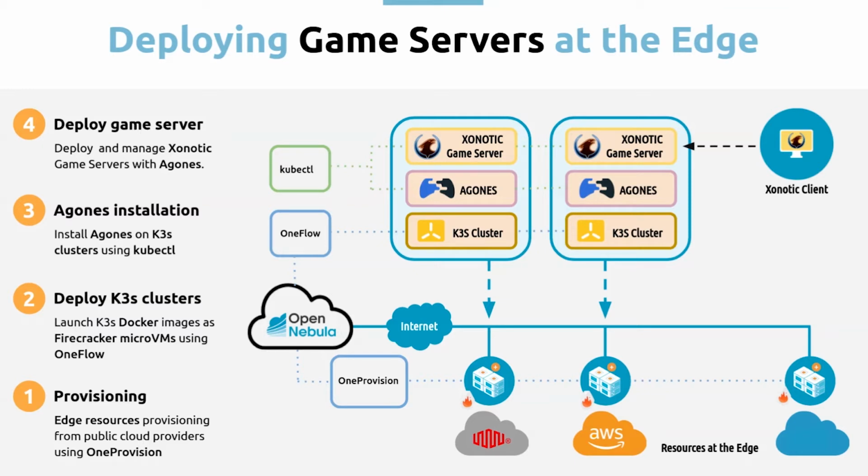Then with another tool from OpenNebula called OneFlow, we are going to deploy K3s clusters on resources provisioned by OneProvision. So K3s clusters are deployed as Firecracker micro VMs.